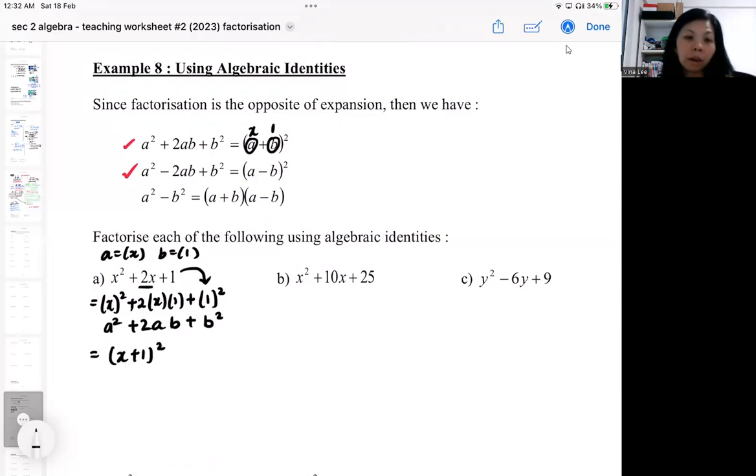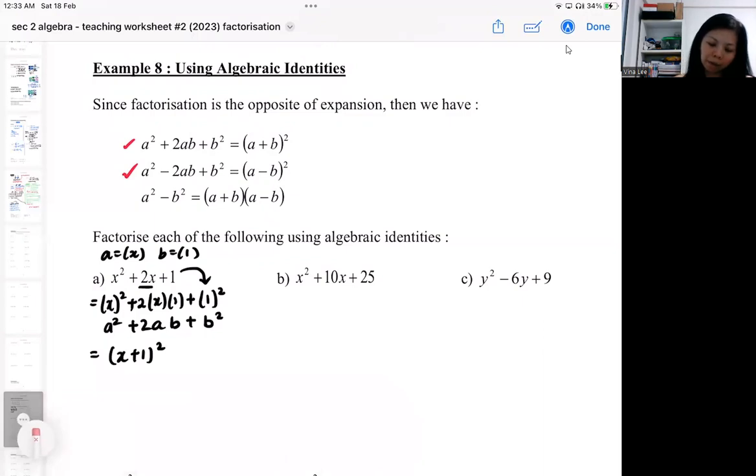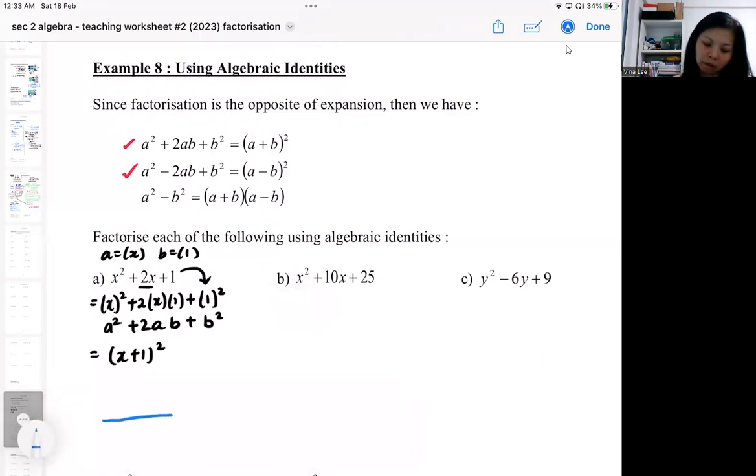So you can do it by observation. If you straight away see it, you can just write x plus 1 squared. Alternatively, some people will go for the cross method or the tic-tac-toe method, and you will still end up with the same bracket.